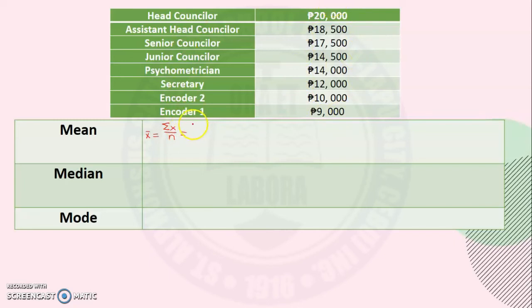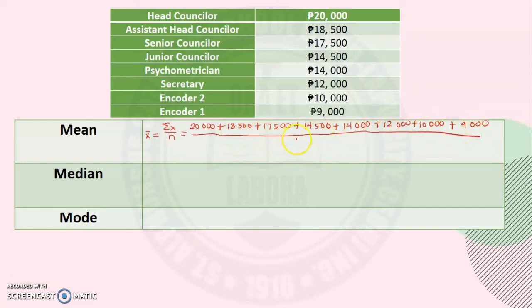Let's add them. 20,000 plus 18,500 plus 17,500 plus 14,500 plus 14,000 plus 12,000 plus 10,000 plus 9,000, divided by 8, because there are 8 values. 1, 2, 3, 4, 5, 6, 7, 8.